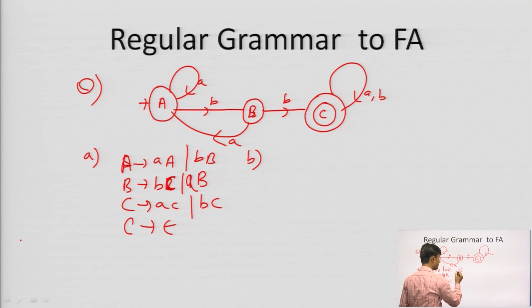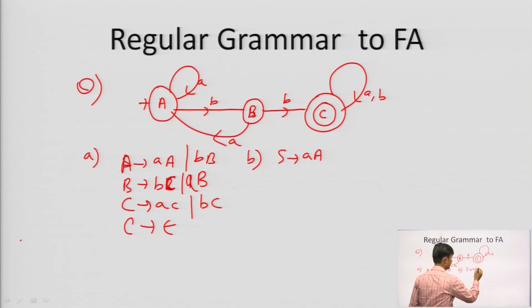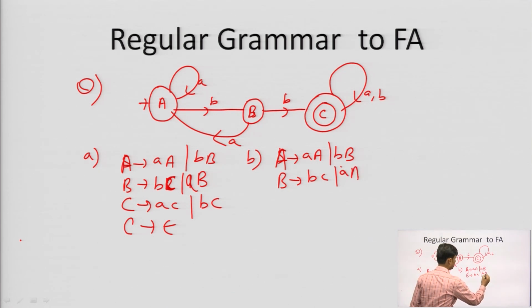Then option B is given: S to AA, S to BB, A to B, then B to BC and B to A, then C to AC and C to BC.